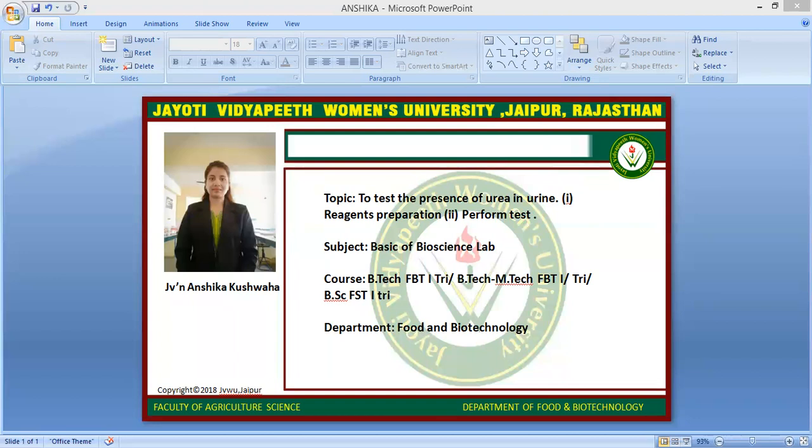It is also known as carbamide, an organic compound with chemical formula CON2H4. This amide has two NH2 groups joined by a carbonyl functional group. Urea serves an important role in metabolism of nitrogen containing compounds by animals and is the main nitrogen containing substance in the urine of mammals.